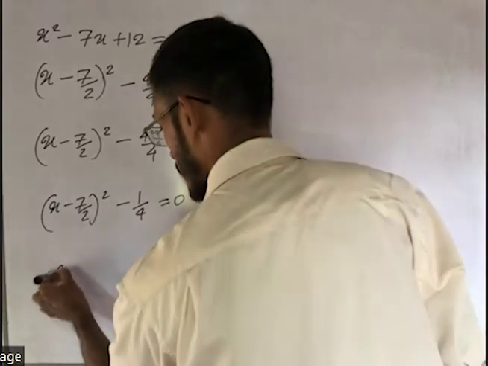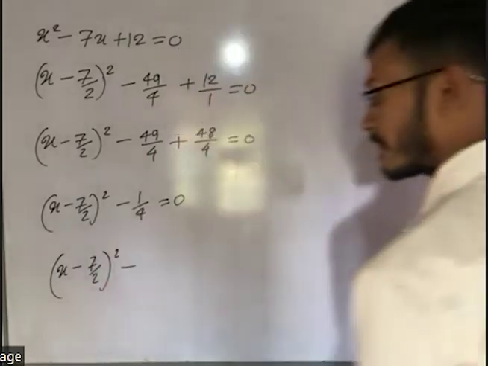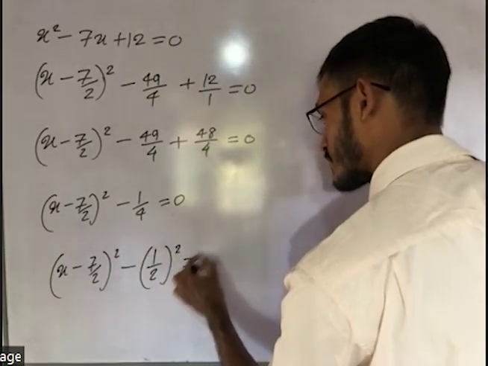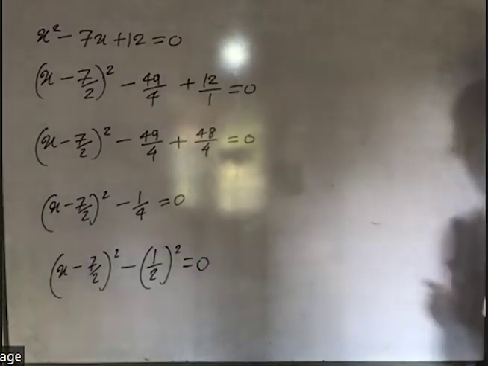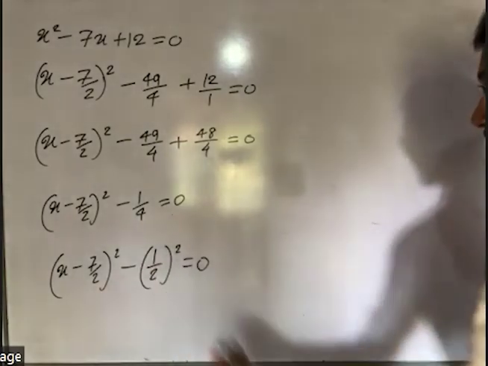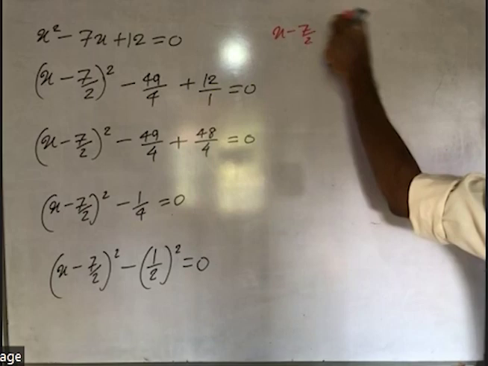Right? Then (x minus 7 over 2) square of the whole thing minus 1 over 4, we can write down as half square, equal to 0. Right? Now we can separate into factors. This is the difference of two squares. First factor: x minus 7 over 2 minus half.